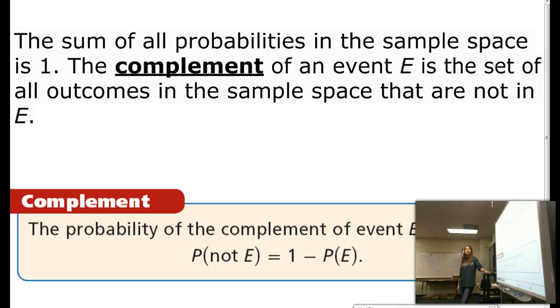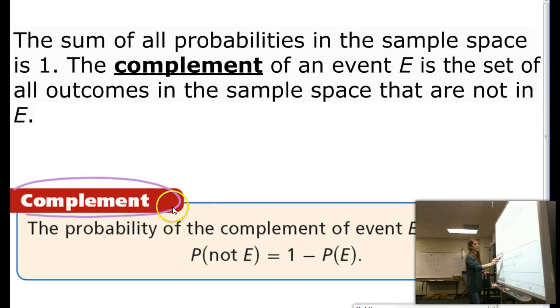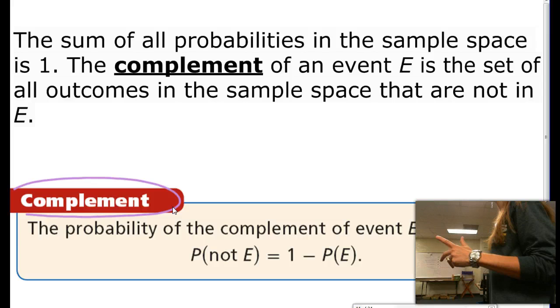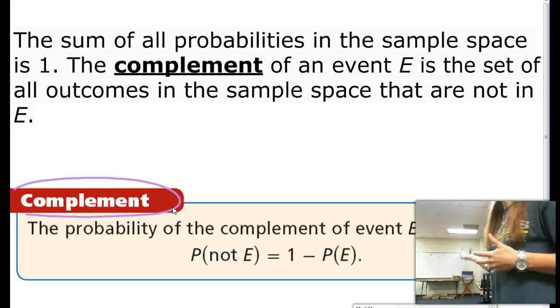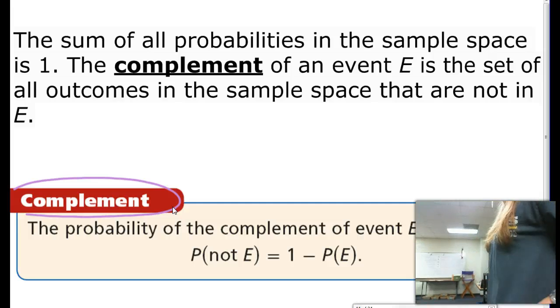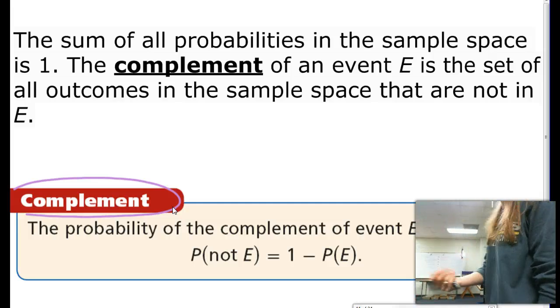Now we're going to talk about a word called a complement. Is that on your notes somewhere? Complement of an event. Very good. The complement is really when you want to find all of the outcomes that are not favorable. So like, what's the probability I will not roll a 6?